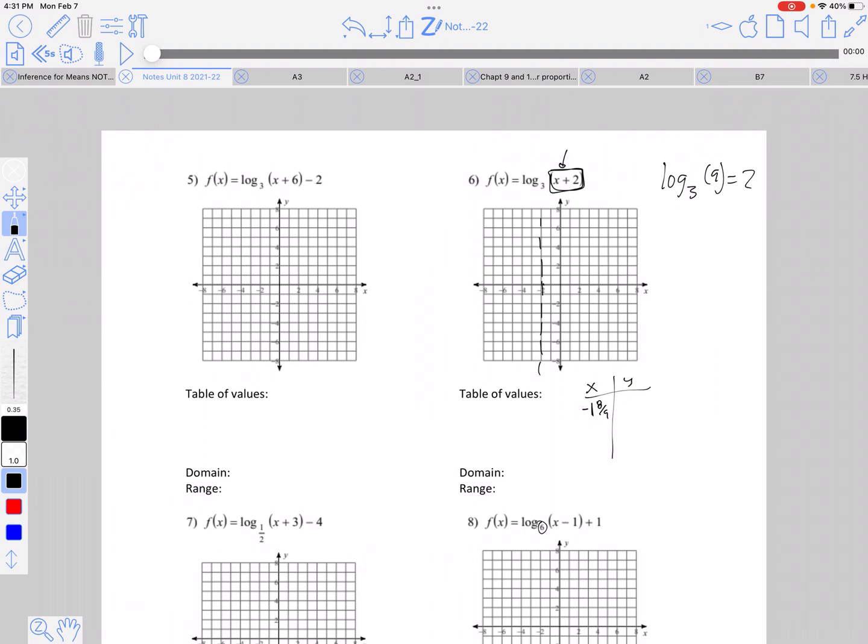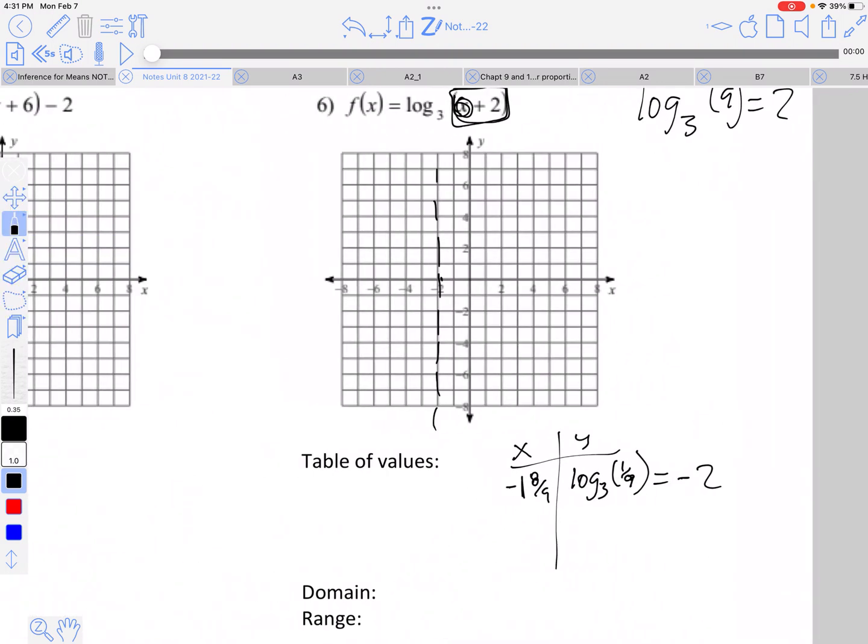That's going to be the x value, -1 and 8/9. Now if I plug that in, -1 and 8/9 plus 2 gives me log base 3 of 1/9. So how many times does 3 multiply to make 9? Twice, but it's a fraction, so it's a negative. So at -1 and 8/9, I am at -2.